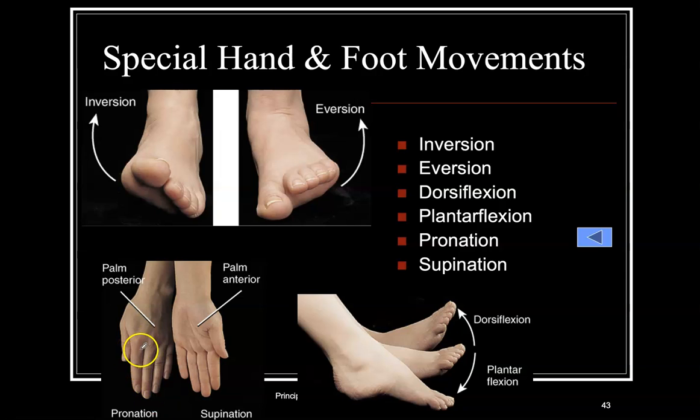Again, that's pronation. But the easiest, students always remember this as supination. Again, if you turn your hands up, your palm up, like you're holding a bowl of soup, that's supination. Okay. So it holds the soup, supination. So that's the easy way to remember that one.